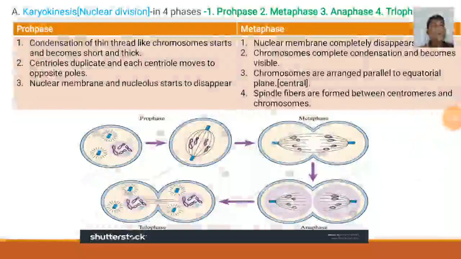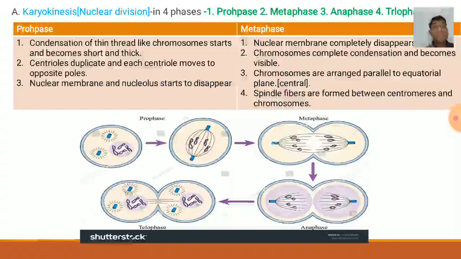We again revise the process of mitosis. Mitosis is divided into two types. Karyokinesis, also called nuclear division, takes place in four phases.